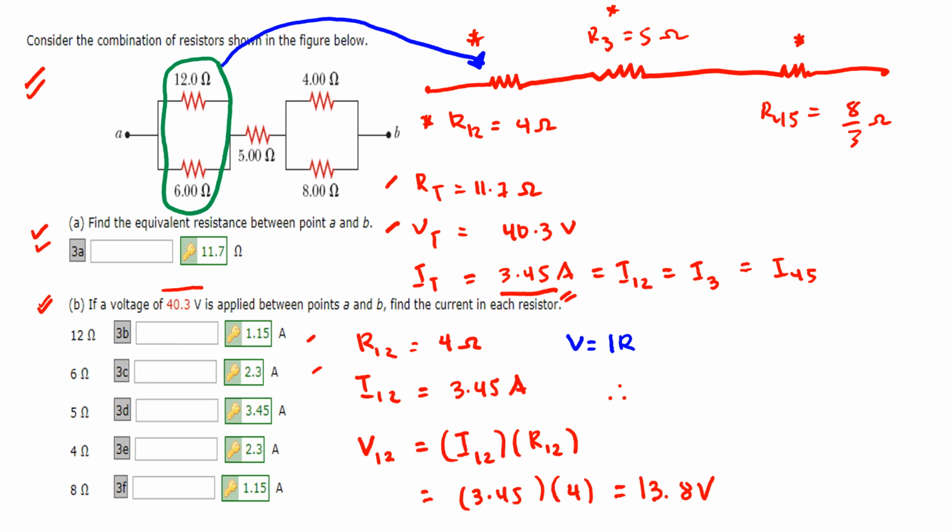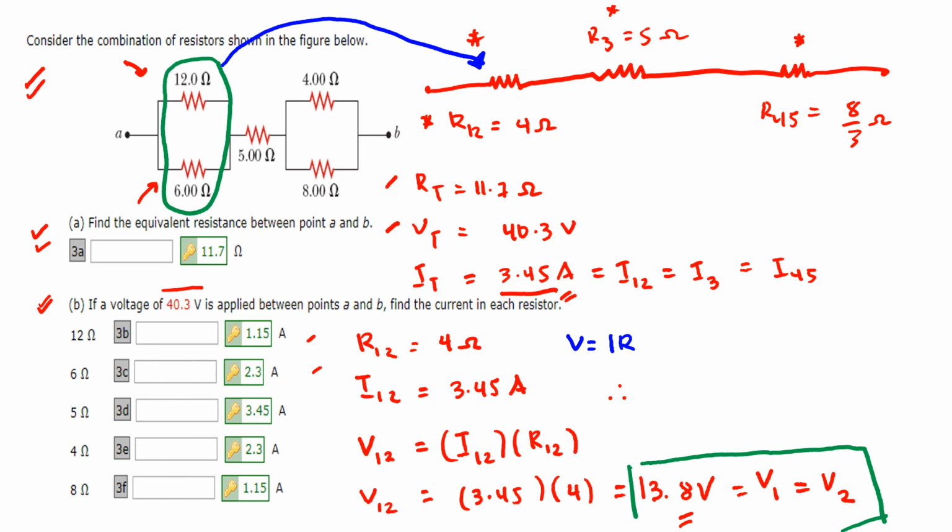Therefore, we can say that if V12 is equal to 13.8, and if resistor 1 and resistor 2 are connected in parallel, therefore V1 is equal to V2, and the value of that is equal to 13.8 volts.